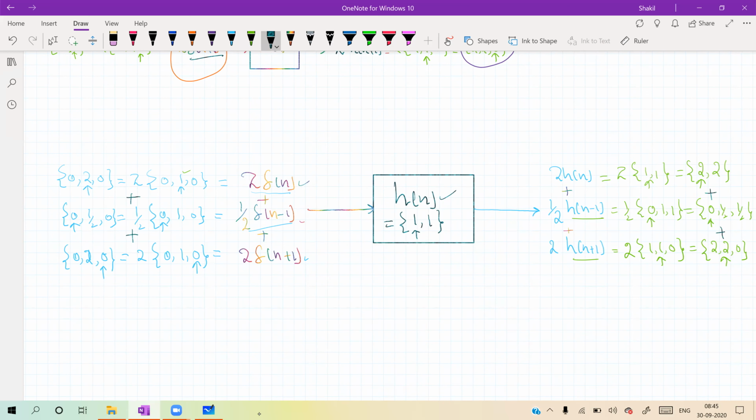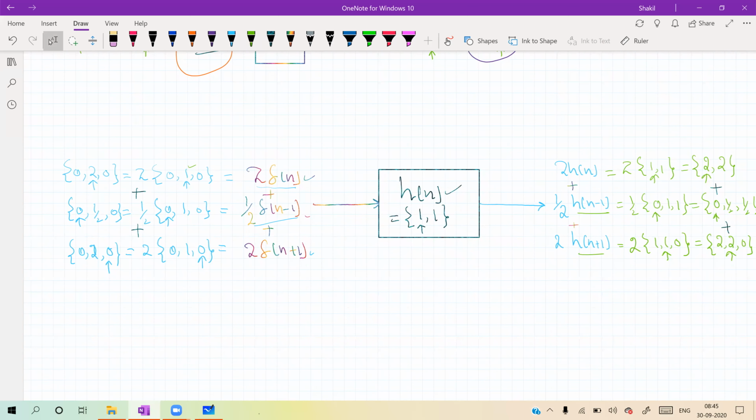Now, if I say this is the combined input, the combined input to the system is what you get if you add these inputs. If you add the corresponding samples, at n equal to 0 the value is 0. Then n equal to 1 is 0, so it is 1 by 2.